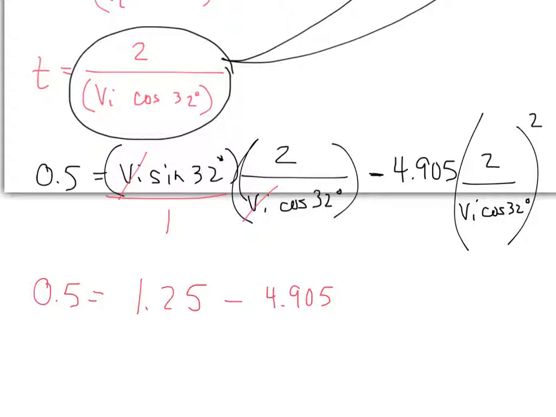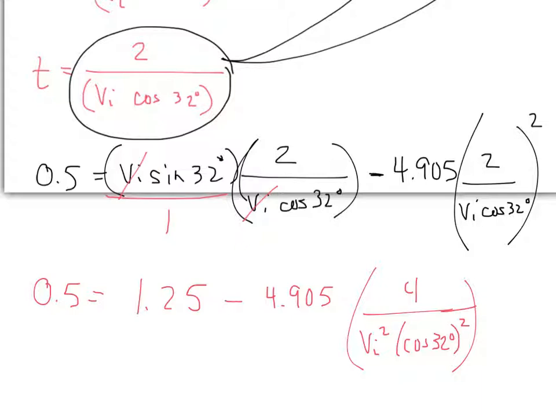So the numerator becomes 2 squared, so we have a 4 there, over Vi squared cos 32 squared. Again, remember, it's like a distributive property. I don't like to use that word because it's not the distributive property, which you know from math, but it's like you're distributing the square to all 3 of the factors in this quotient or product.